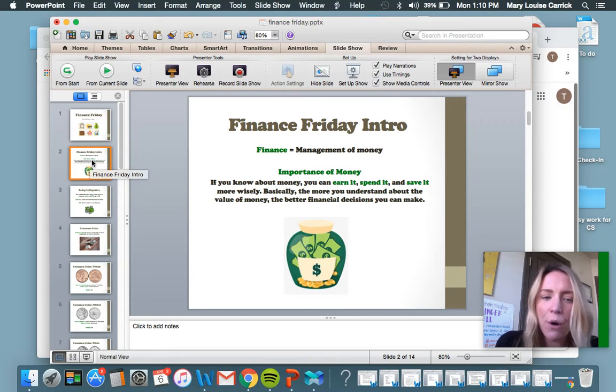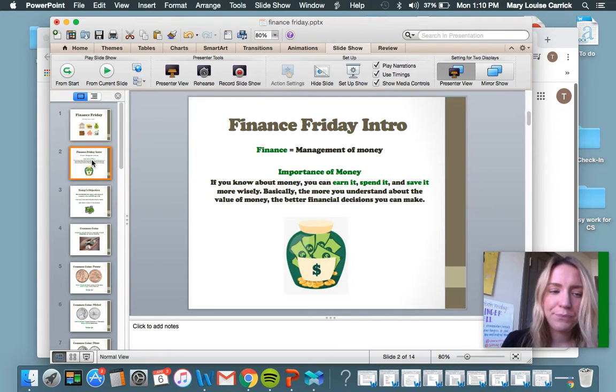So it's just how you take care of your money. And it's so important for us to know about money because if you know about money, you can earn it, you can spend it, you can save it more wisely. So basically, the more you understand the value of money, the better decisions you can make for yourself and for your money.